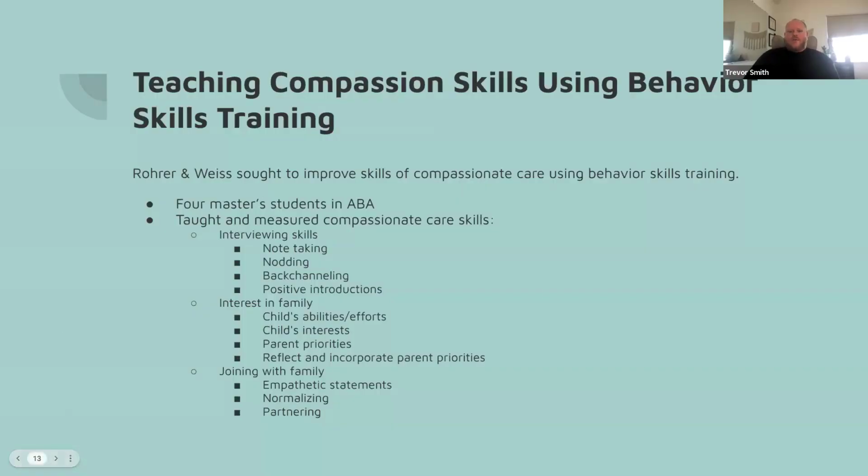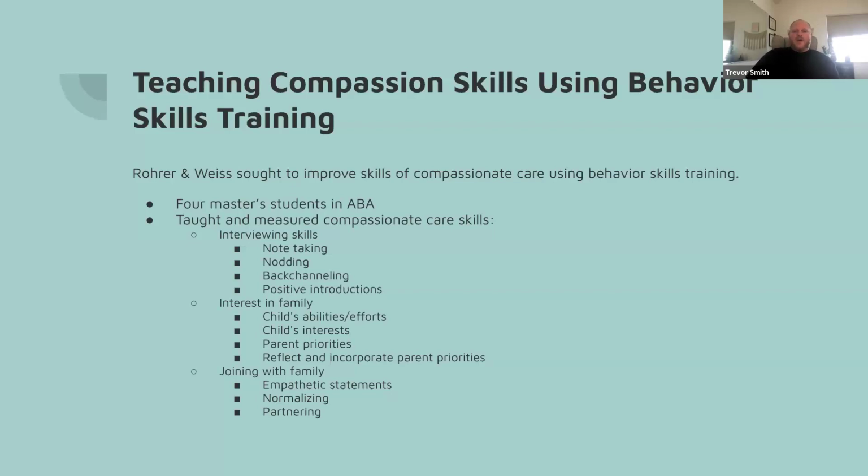All right, so Rower and Weiss created a study where they took 4 master students in their ABA programs, and they used a multiple baseline design to attempt to teach compassionate skills using behavior skills training.